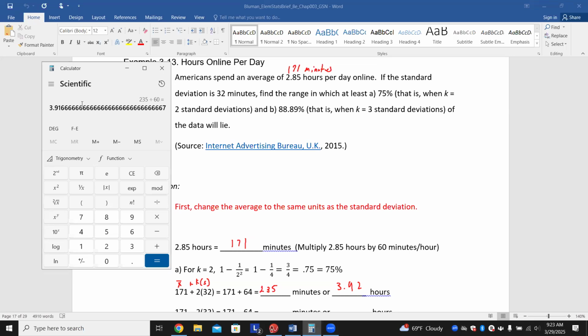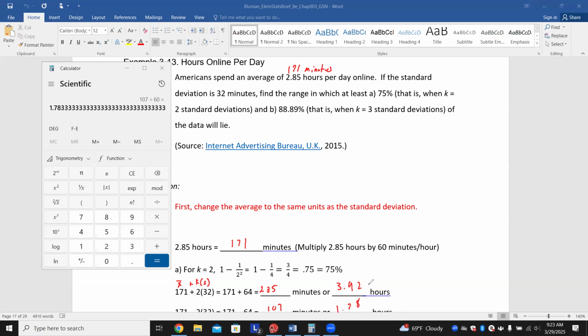I do 171 minus 64, and I get 107. If I wanted to put that back in hours, I would divide that by 60, and that's 1.78 hours.